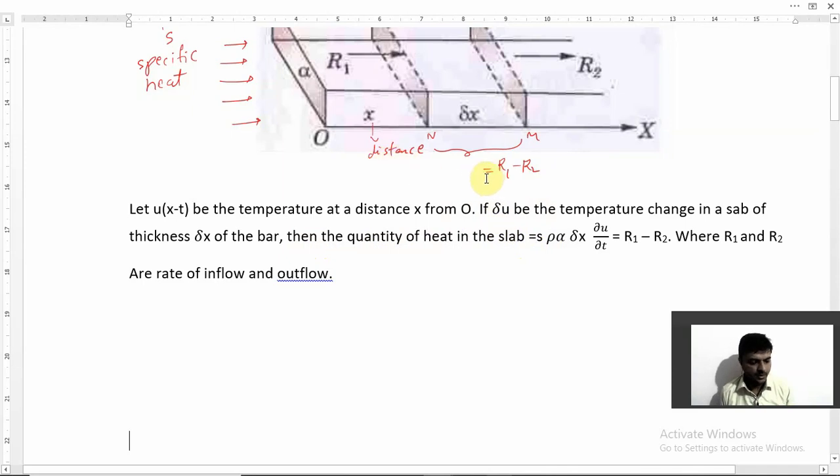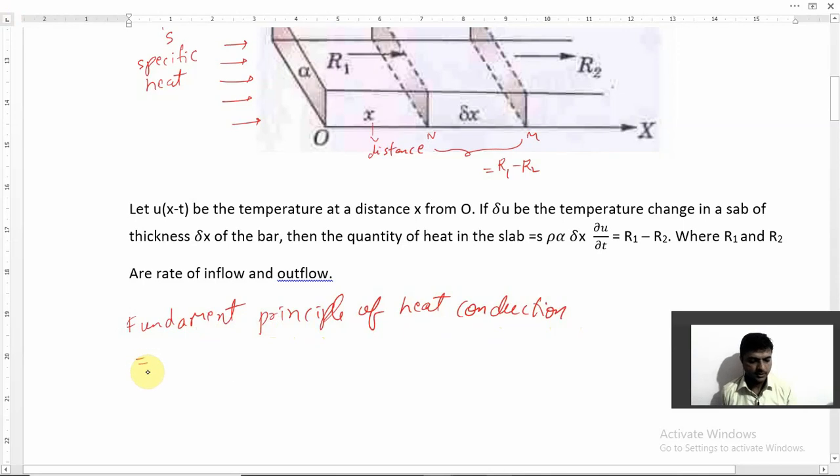Please remember this. Just a minute, I will tell you how to remember this. When you see this rod, friends, this is the extra part for you to understand. I am going to take the fundamental principle of heat conduction.